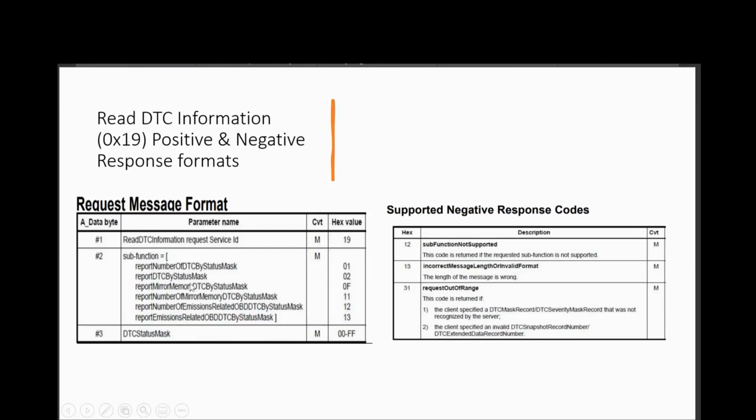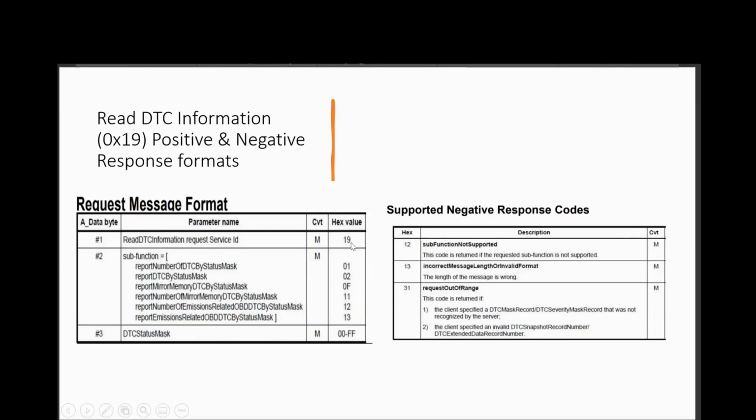Suppose you want to read the complete DTC report, for example the status, whether the DTC is set or healed. If you want that information, then you can read like 19, 02, 09. If you give this request, then you will get a positive response.